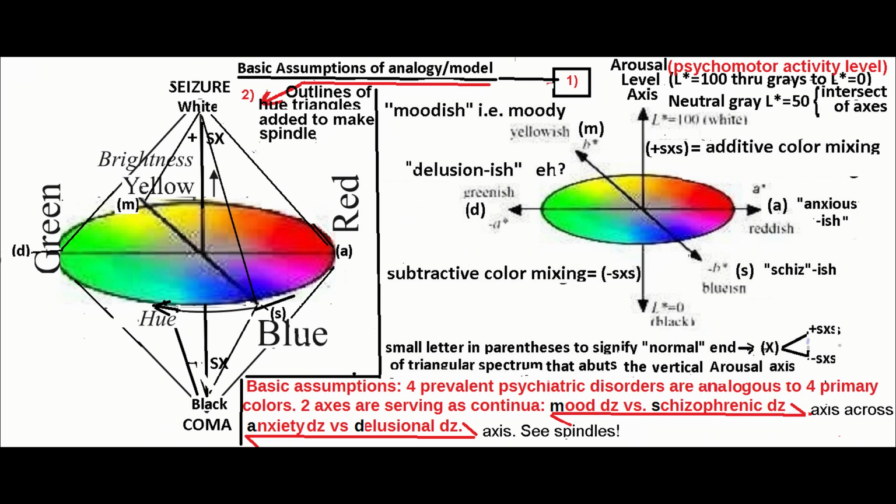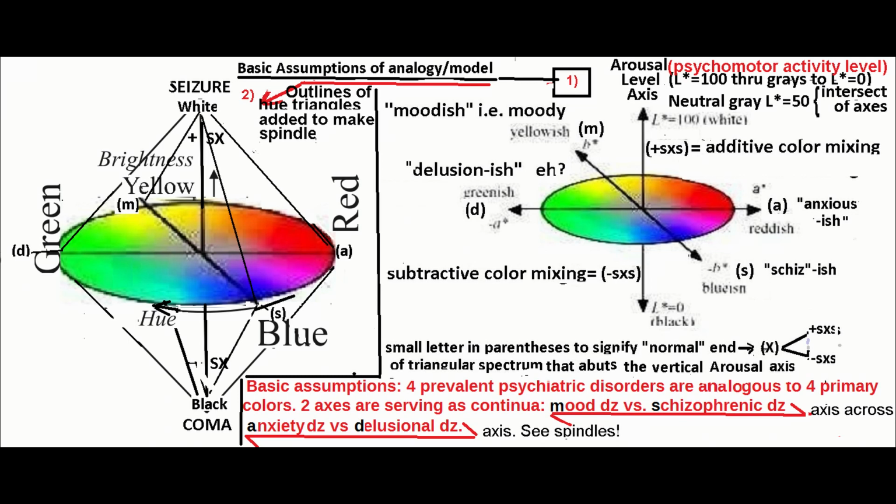As we go toward the middle, the disorders become more severe. It has an arousal level, which is the vertical axis. If you go to the left-hand side of the slide, you can see basically that this can be made into a spindle, and this gives it the character of that color spindle.